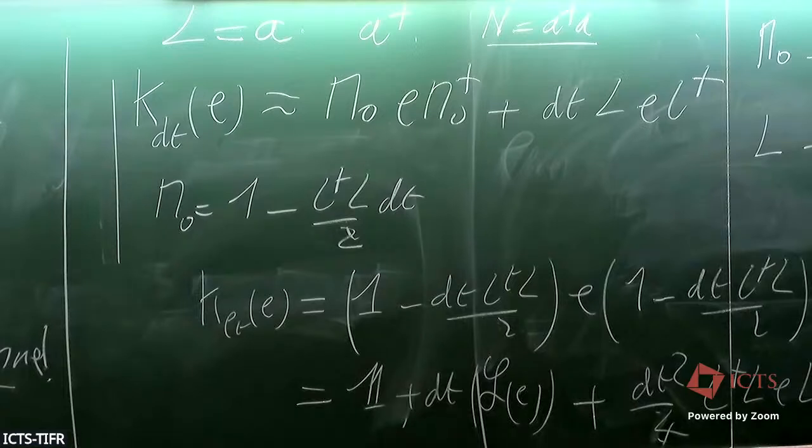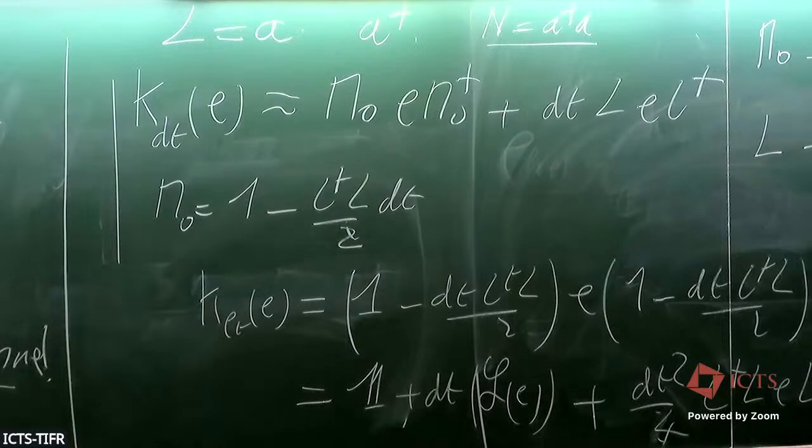Psi is the state of the qubit. And here I assume a resonant interaction, so I can exchange excitations. When you apply this operator on this state, you obtain this.